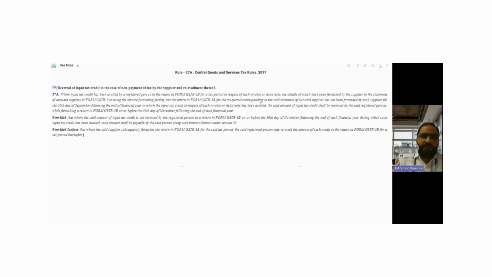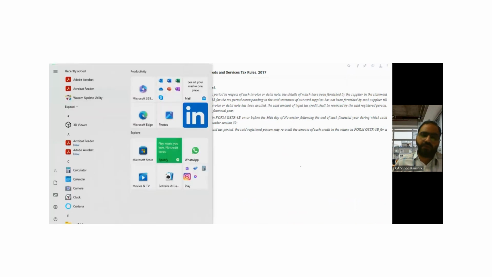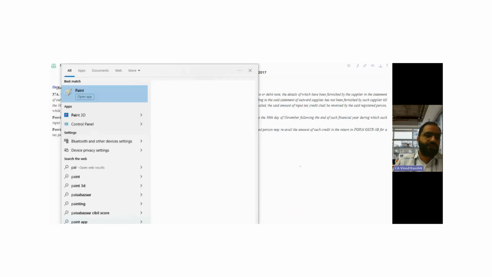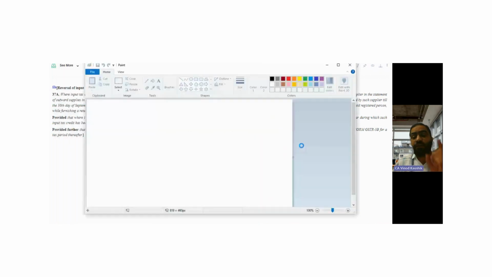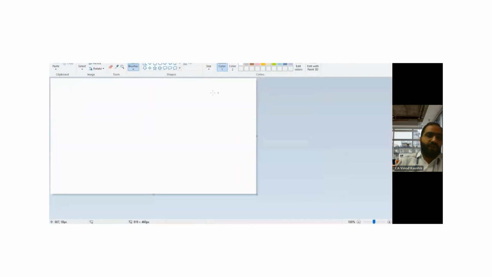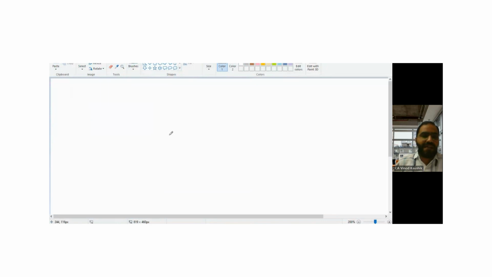For example, my GSTR-3B for financial year 22-23 has all been filed. Right now, I need to reverse the input tax credit on those supplies where my counter supplier has not filed his 3B returns. My supplier has not filed his 3B returns till 30th September of the next financial year.